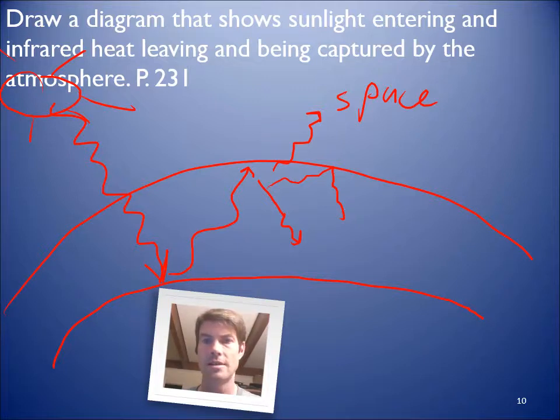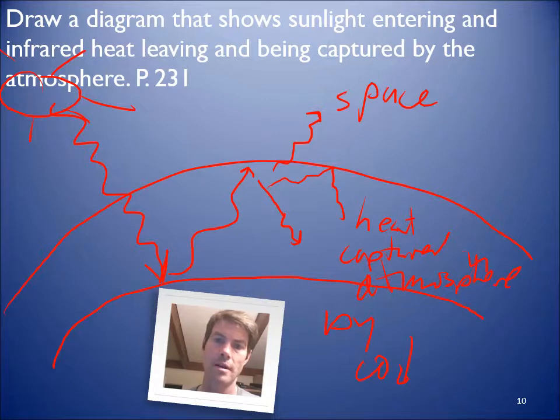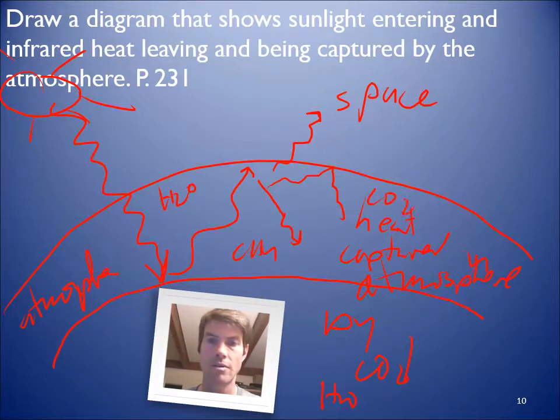We'll say this is heat captured in the atmosphere by CO2, methane, and water vapor, H2O. Make sure you label this atmosphere. Might want to put in, you know, there's water in there, CH4, CO2.